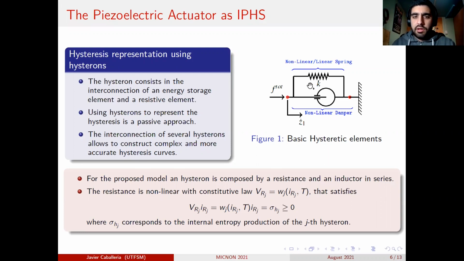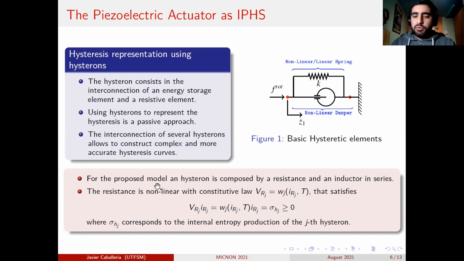The energy storage element is represented by a nonlinear or linear spring, and the resistive element is represented by the nonlinear damper. We're going to use hysterons because this is a passive approach to characterize the hysteresis curve of the piezoelectric actuator. The interconnection of several hysterons allows to construct more accurate and complex hysteresis curves.